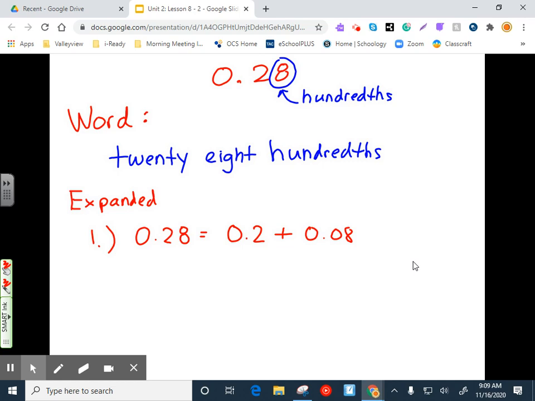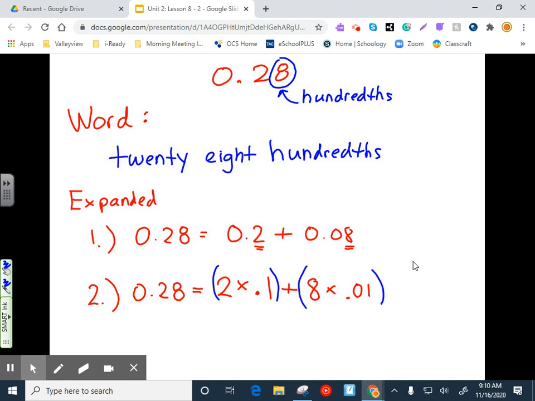A second way to do this, and this is how we did the IXL the other day, is this digit 2, that is in the tenths place, and this digit 8 times the hundredths place. So that's our expanded form. Remember, this digit is being multiplied basically by the place value itself. This is tenths and this is hundredths. All right, so you can do it either way. Either way will work.